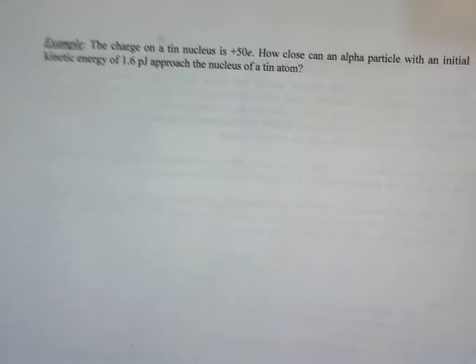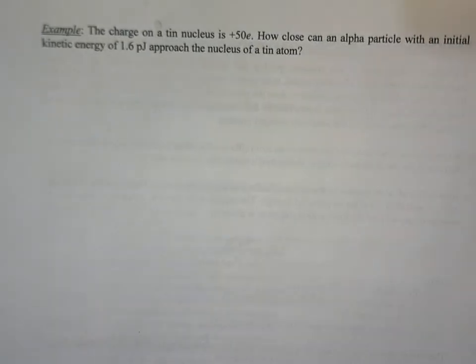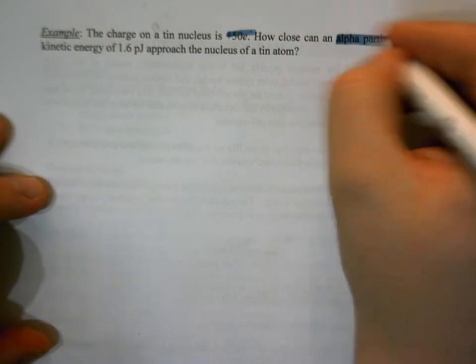So let's look at this in an example. We have the charge on a tin nucleus. It's plus 50 times the elementary charge. We'd like to find out how close an alpha particle with an initial kinetic energy of 1.6 picojoules can approach the nucleus of the tin atom.